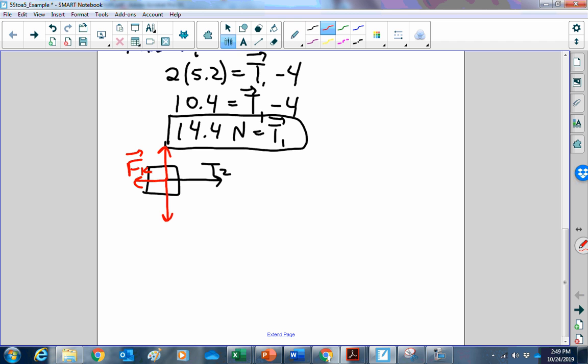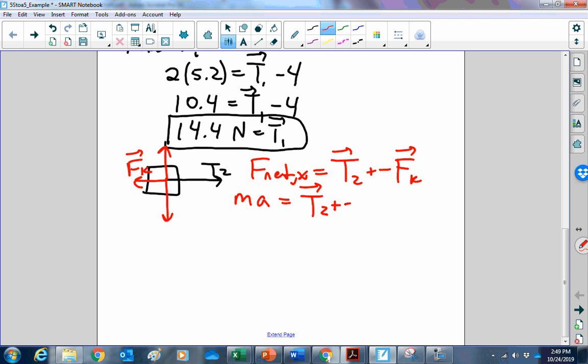F net x is equal to T2 plus negative FK, and this would be mass times acceleration for that block alone. I'm trying to find T2, and the force of friction would be mu times normal force, which is mass times g.